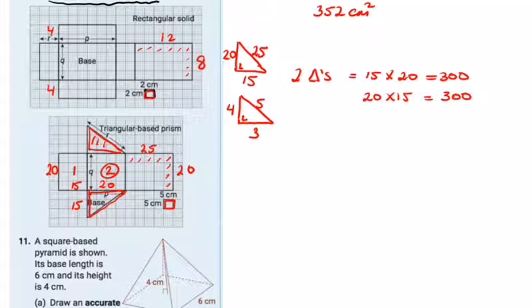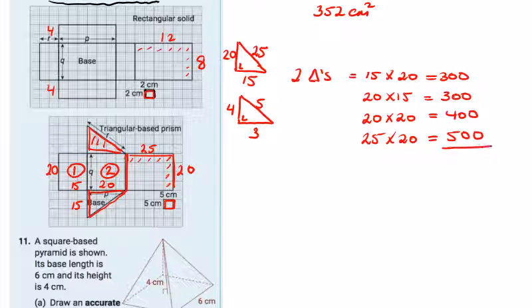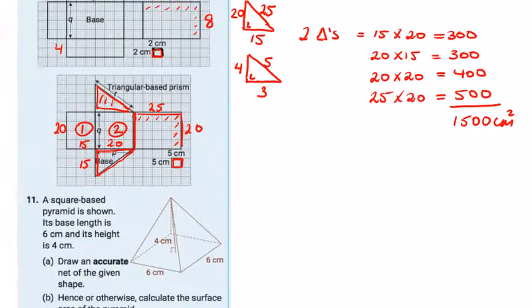Number 2 here, we have a 20, it's a square, so we have 20 by 20, which is 400. And then we have our 25 by 20, which is 500. And 900 and 600 is 1500. And that's centimeters squared for the surface area.